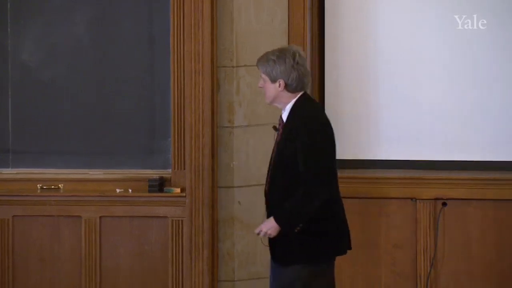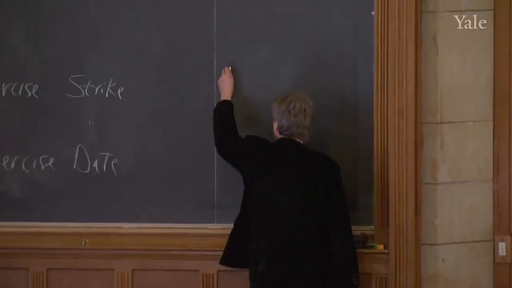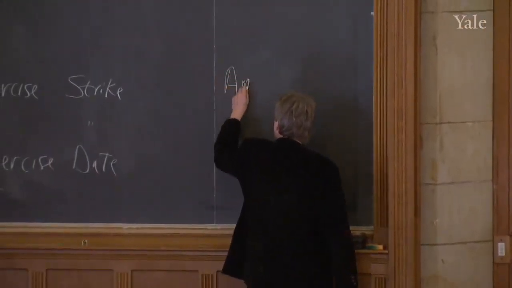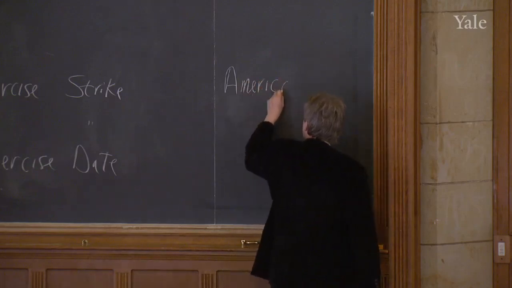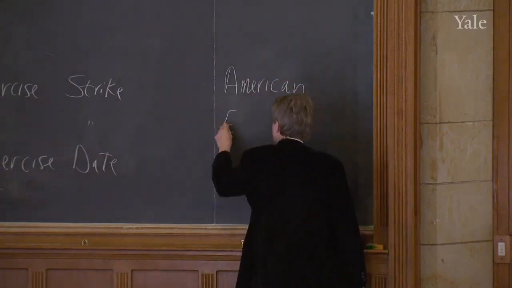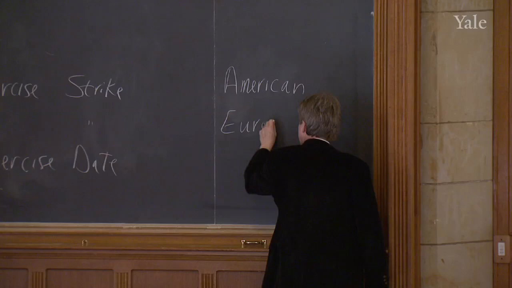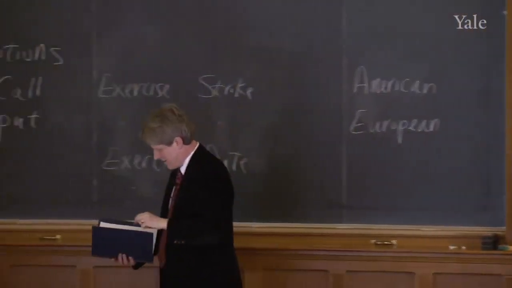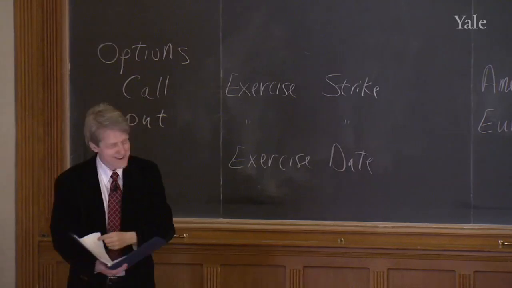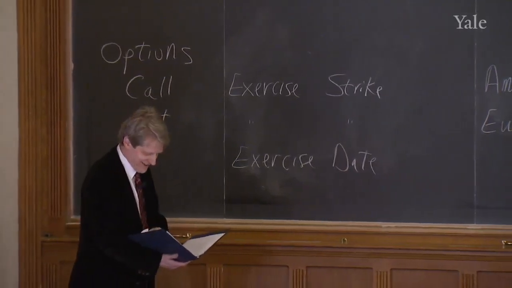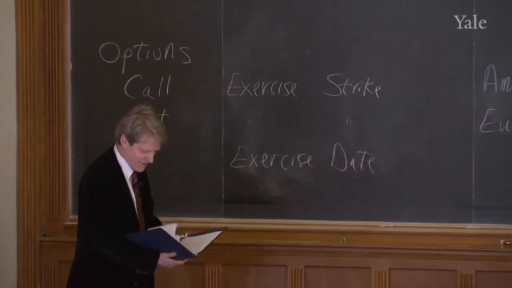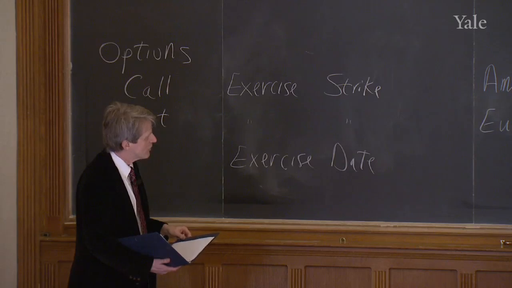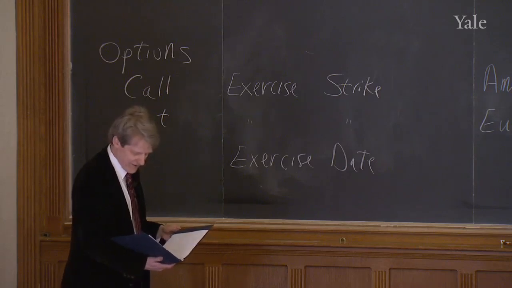Now, in modern terminology, we have two kinds, American and European. And it doesn't refer to geography, those two terms. The terms refer instead to when you can exercise.